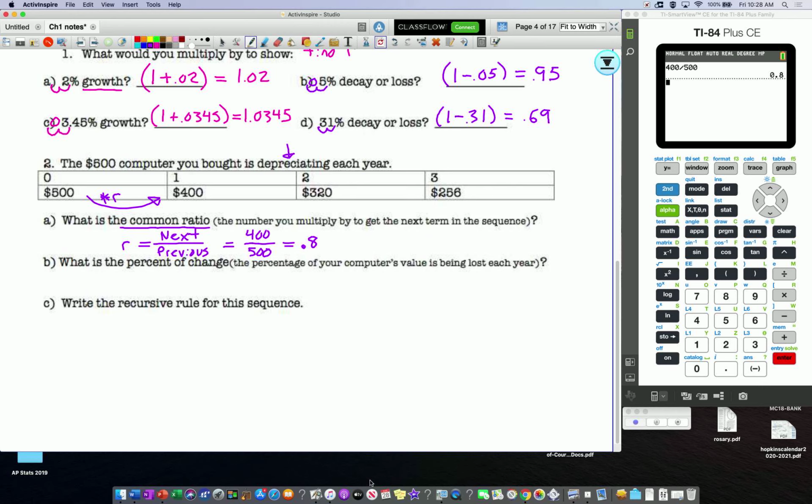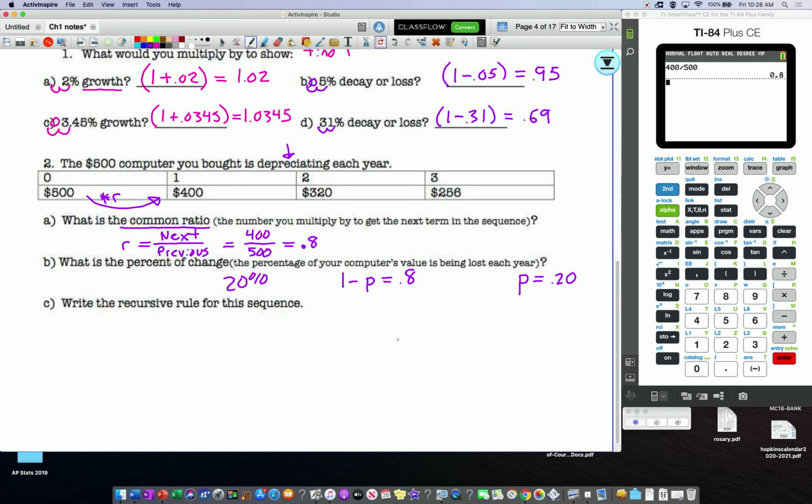So now it says, what is the percent of change? The percentage of your computer's value that is being lost each and every year. So if I think about this, it's like 1 minus P is 0.8. So I think to myself, what is P going to be? Many of you intuitively would say, well, if I have 80% remaining, that means P must be 0.20, or 20%.